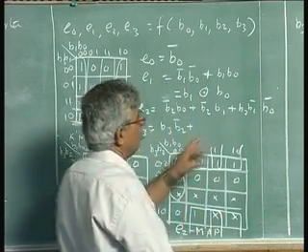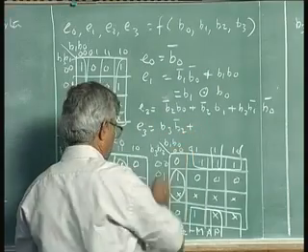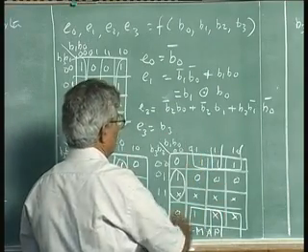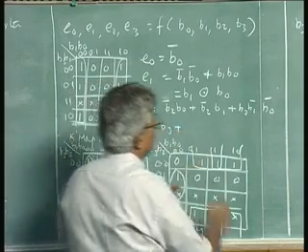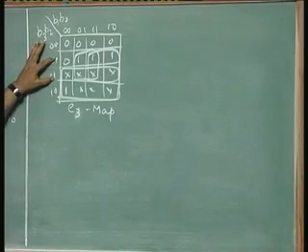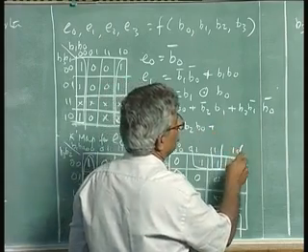B3. Pardon? Yeah, it is B3. It is 8. It is 8. Thank you. B3. Then this will be B2 B0, B2 B0 and B2 B1.